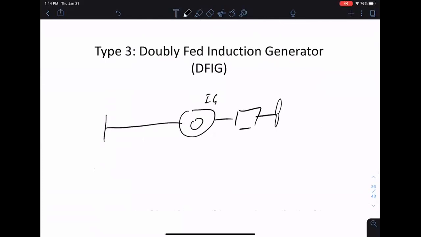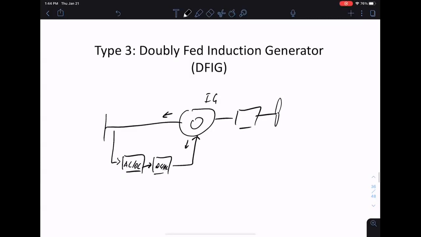Let's create another path for power to go through. Let's add two converters. This is called doubly fed because now there are two paths for current to flow. Current can go in both directions.